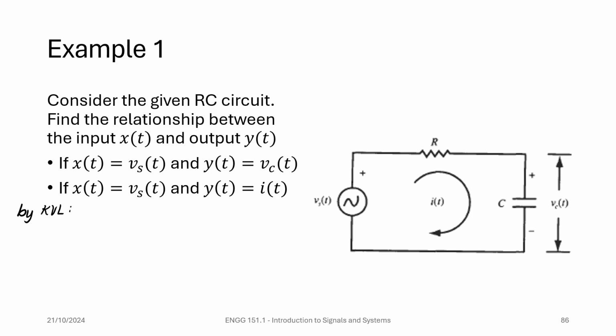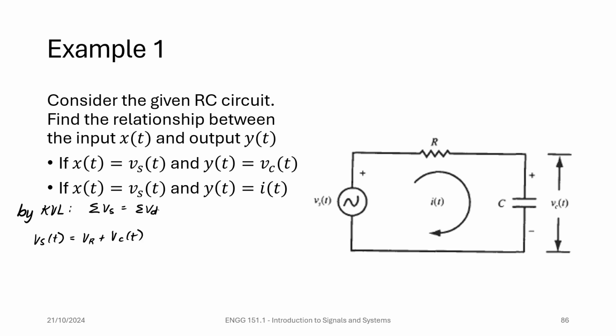So by KVL, of course, we know that the summation of the voltage sources is equivalent to the summation of the voltage drops. Okay, so ano yung input natin dito? So we have our Vs of t. Okay, and what are the drops? Of course, the voltage across the resistor plus the voltage across the capacitor.